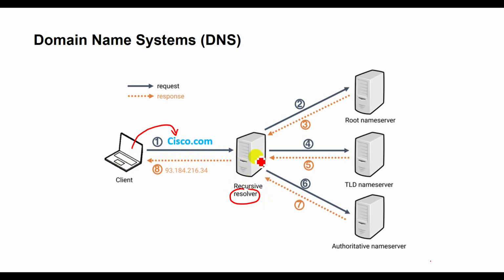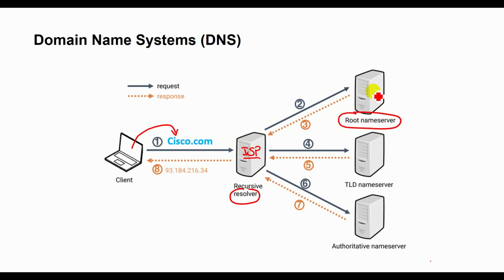The resolver server is basically your ISP or Internet Service Provider. When the resolver receives the query, it will check its own cache memory to find an IP address for cisco.com. And if it cannot find it, it will send the query to the next level, which is the root server.